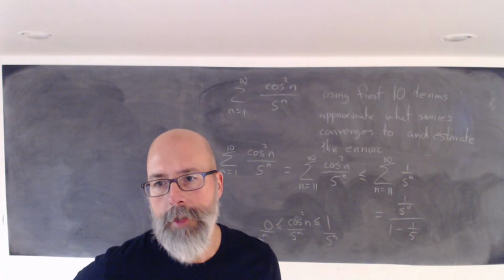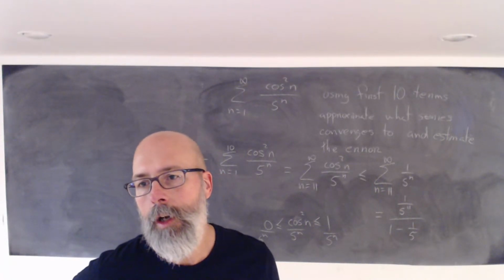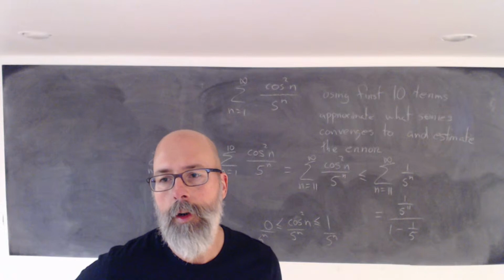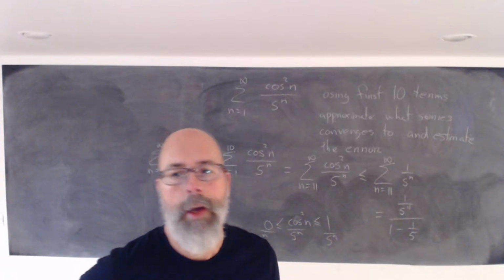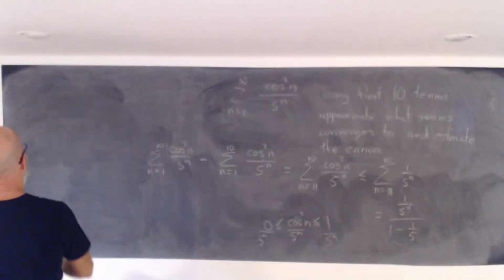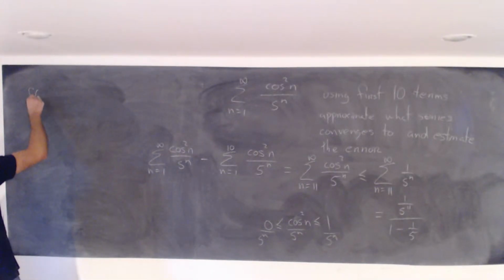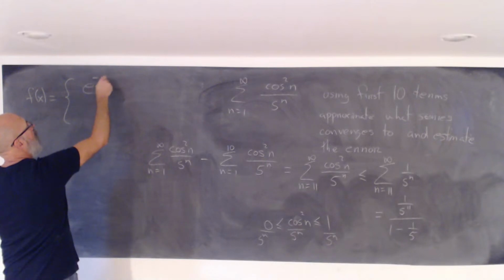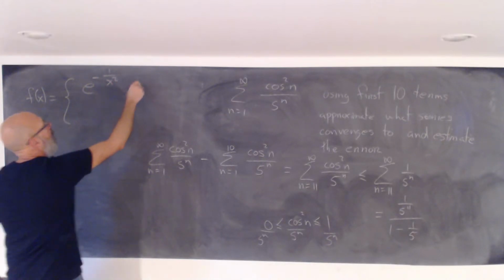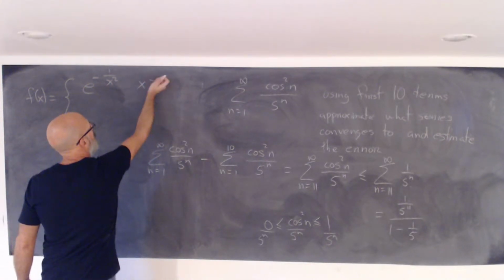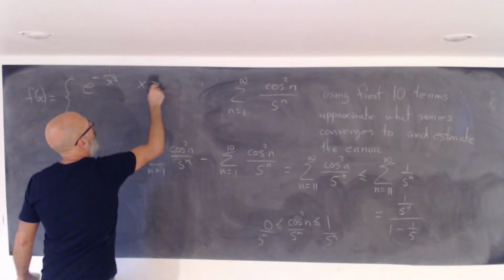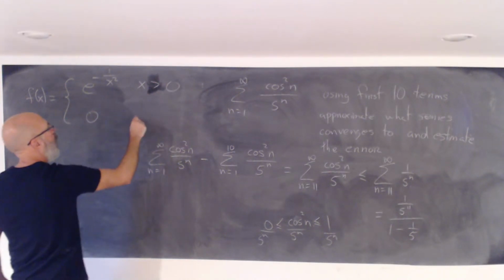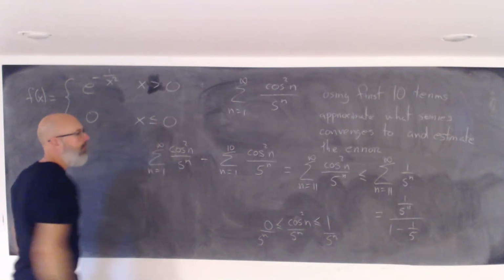So Brun is asking the question, how would you go about showing e to the 1 over x squared? Well, what we suggested last time, it's actually e to the minus 1 over x squared for x bigger than 0, and 0 for x less than or equal to 0.